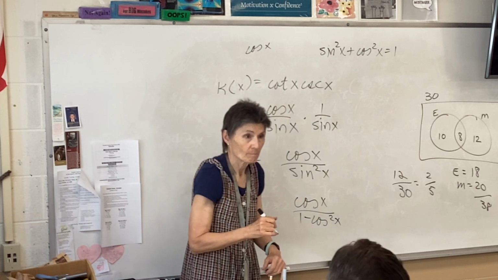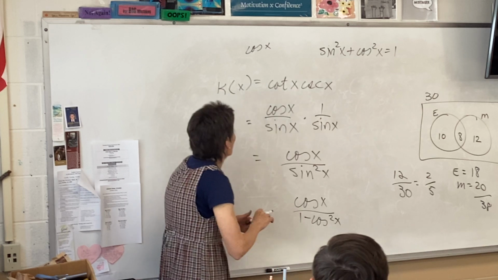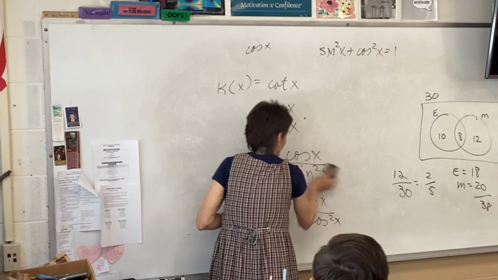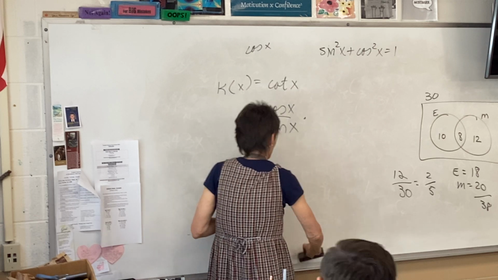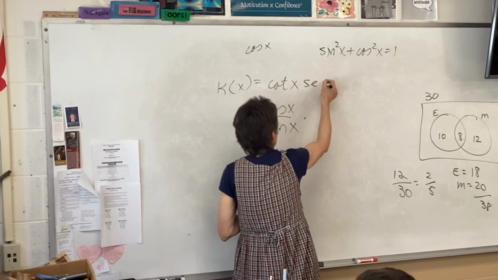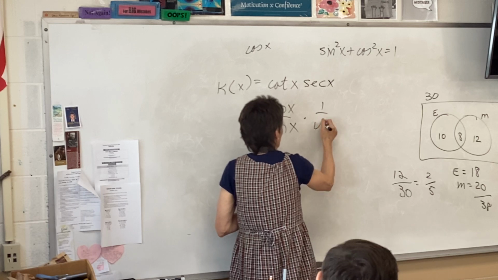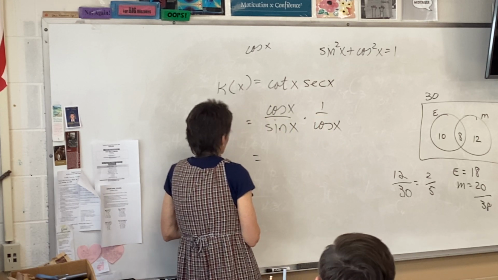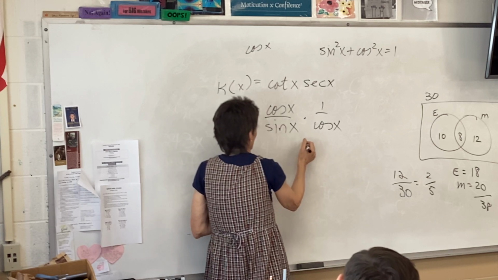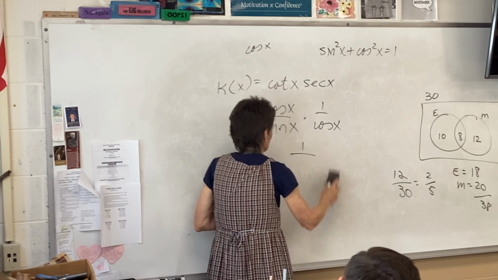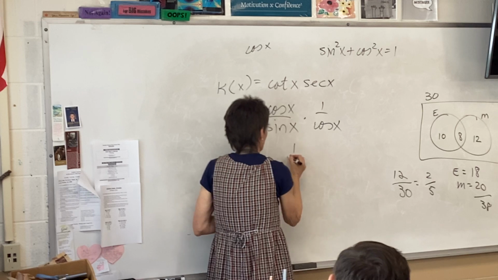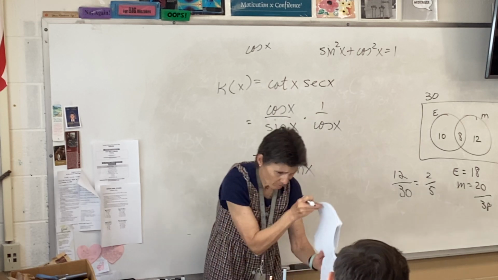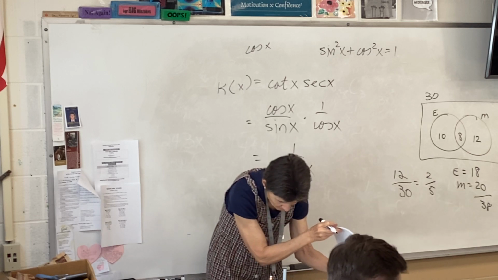I think in the problem it's secant instead of cosine. Oh, yeah, sorry about that. That changes everything, okay? So you said this is secant? Yeah. Okay, so it's 1 over cosine. So we end up with 1 over sine. Did I copy that wrong?